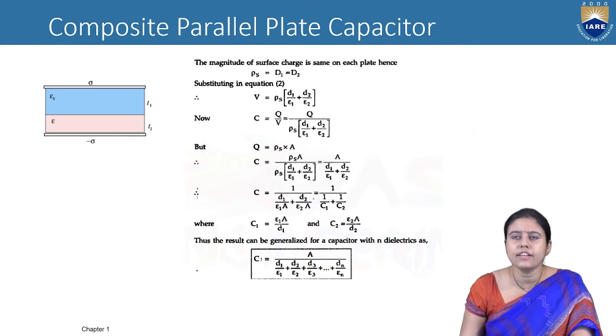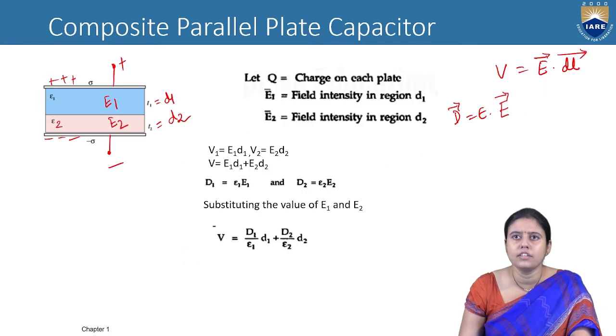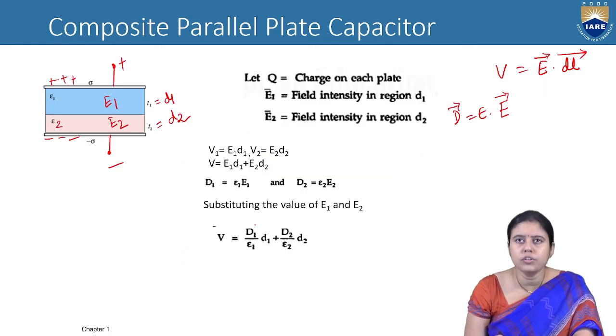And in the previous slide, we have already got that V is equal to D1 by epsilon 1 times d1 plus D2 by epsilon 2 times d2. Now we are substituting that D1 and D2 is equal to rho S.